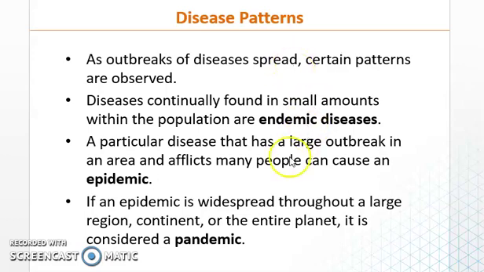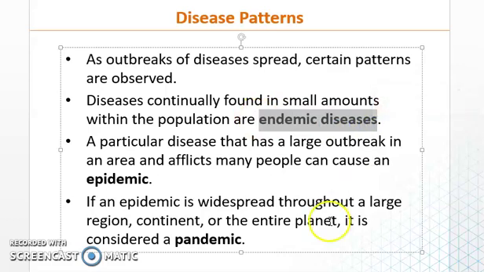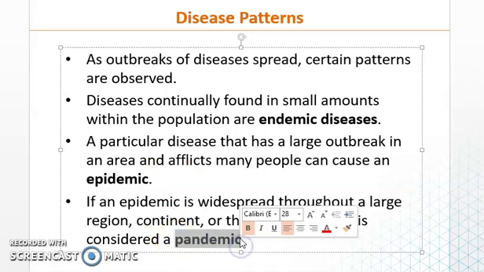Let's see together what are the different patterns of diseases. Basically, we have three patterns of diseases: endemic disease, epidemic disease, and pandemic disease. I will just tell you that these days we are facing a pandemic disease, so you can understand simply what we are going to talk about.